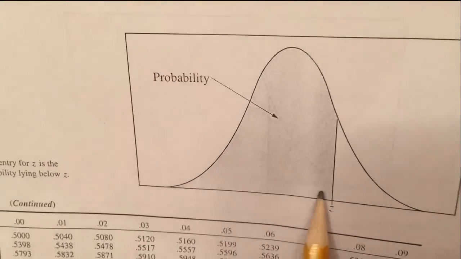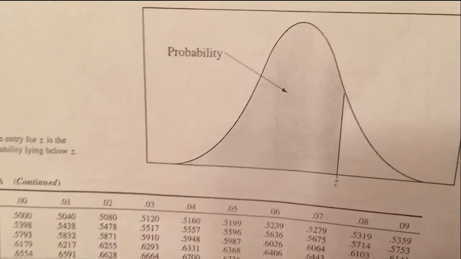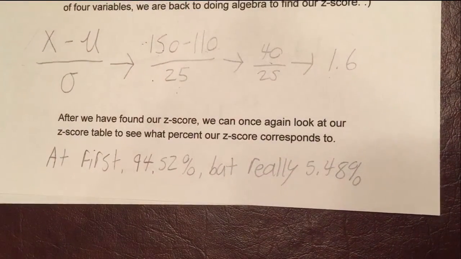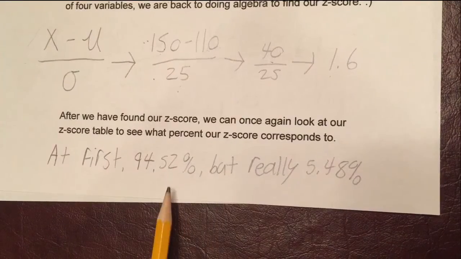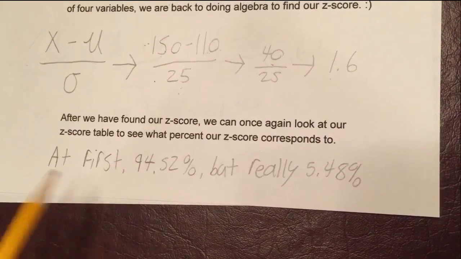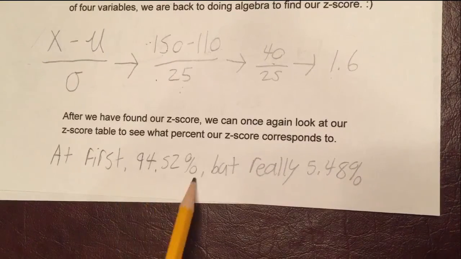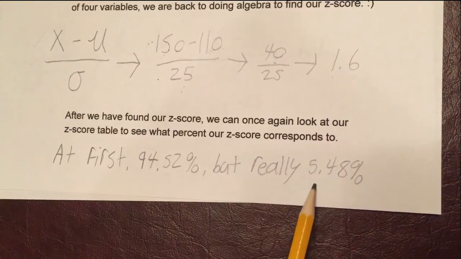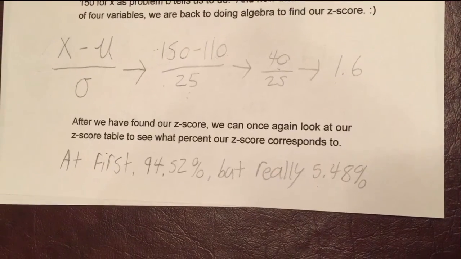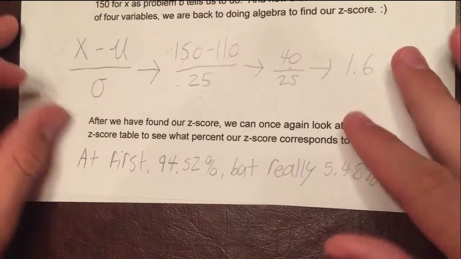But z-scores always shade to the left, and we're looking for values above 150, so in reality we have to take 100 and subtract this 94.52 from it, which will leave us with our 5.48%, which is our answer for question B.